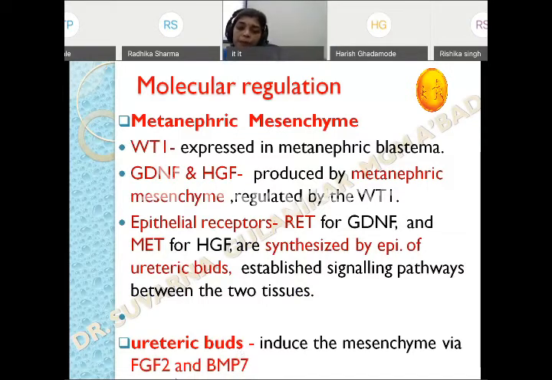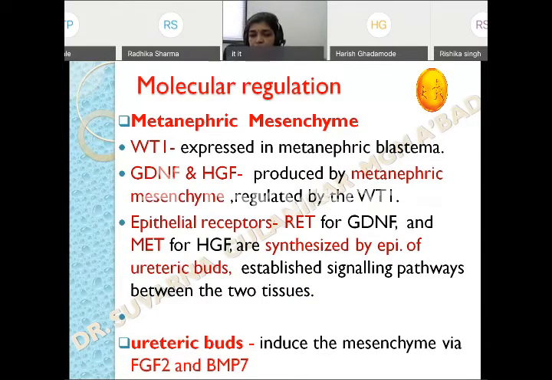WT1, what is WT1? It is a Wilms tumor suppressor. It is expressed in the metanephric blastema, and it regulates the production of GDNF and HGF. It is produced in the metanephric mesenchyme. So WT1 is the most important regulator which ultimately regulates GDNF and HGF production. How do they act?